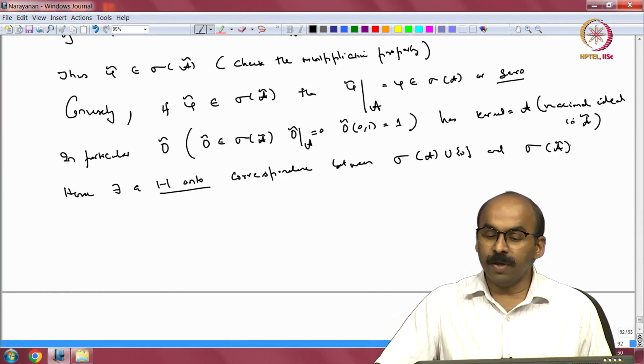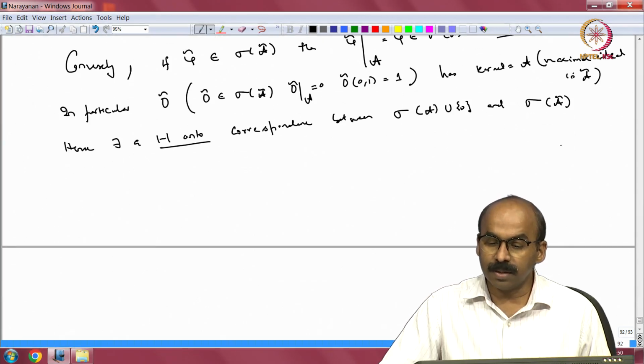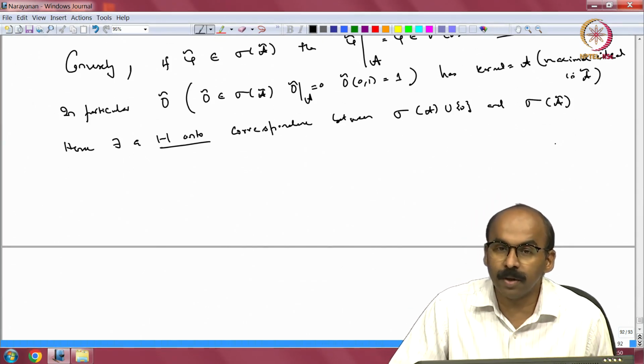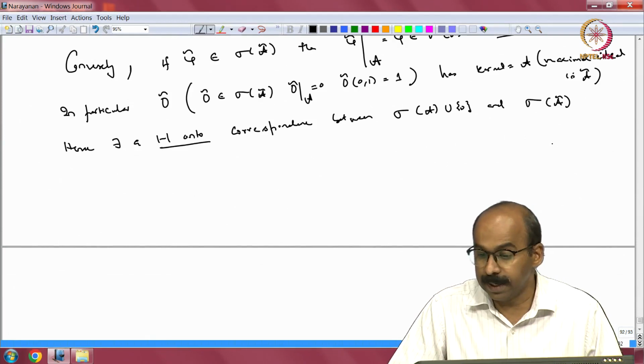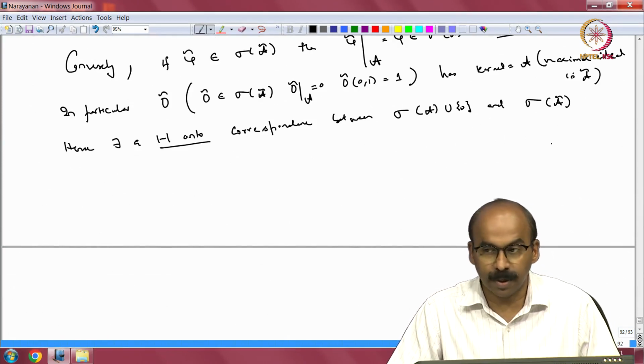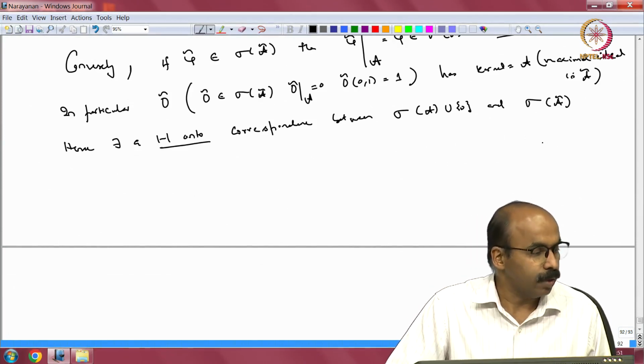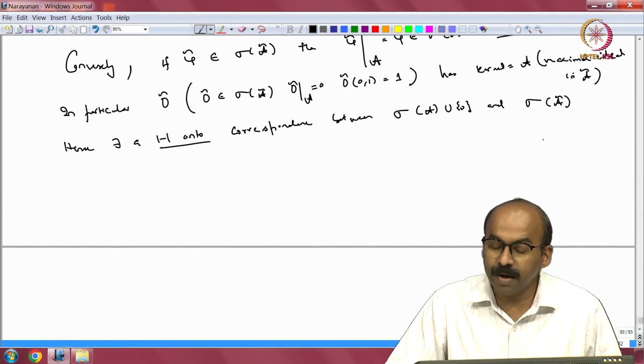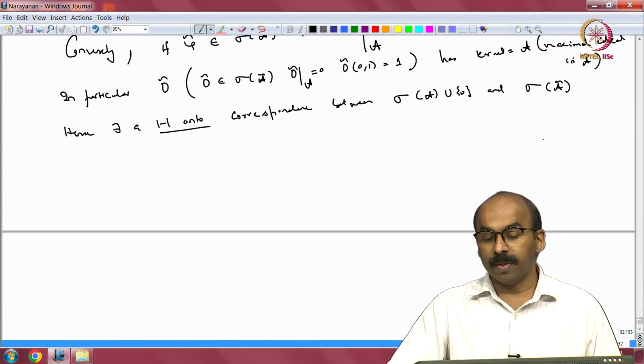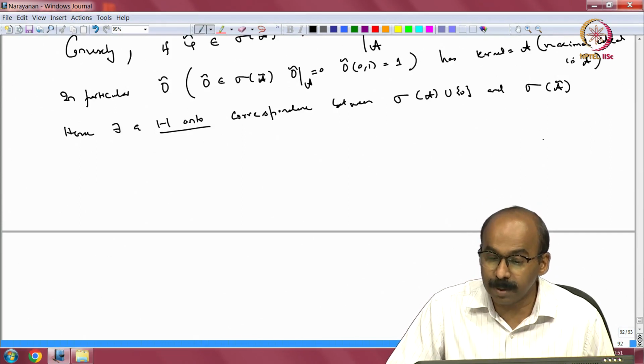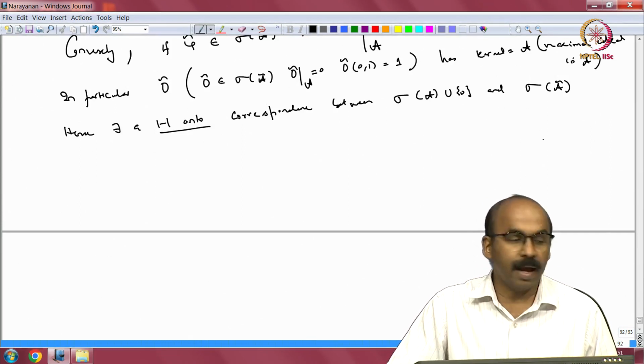It is phi going to phi tilde, so that is the map from sigma A union 0 to sigma A tilde, and that is a 1-1 onto correspondence. We have just shown that. That is how I identify the multiplicative linear functionals in A and A tilde.